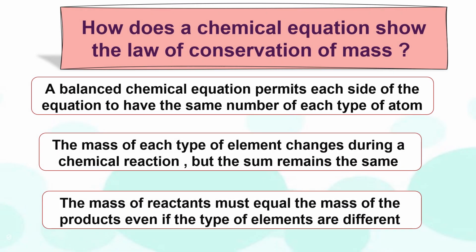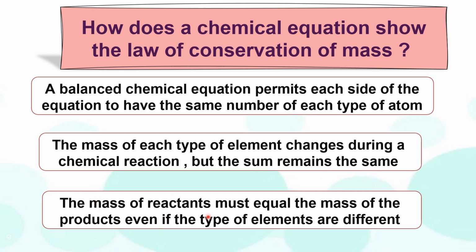How does the chemical equation show the law of the conservation of mass? A balanced chemical equation permits each side of the equation to have the same number of each type of atom. The mass of each type of element changes during chemical reaction, but the sum remains the same.